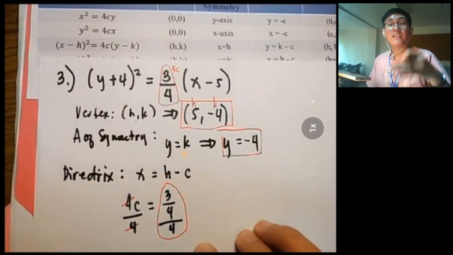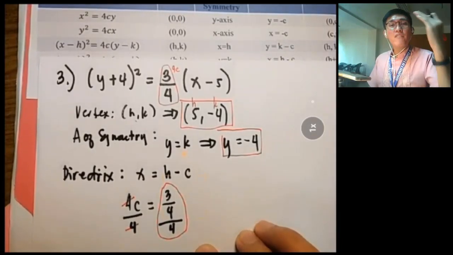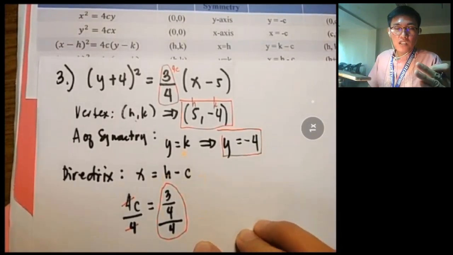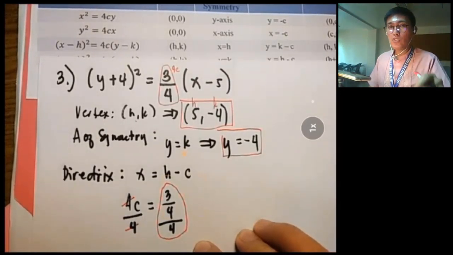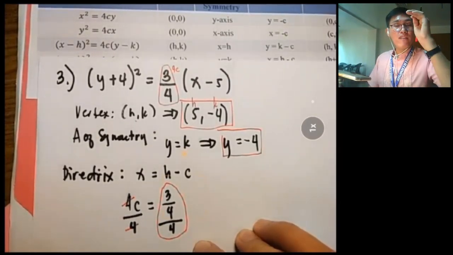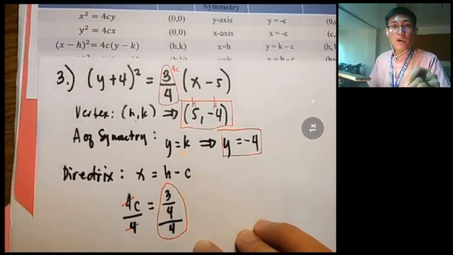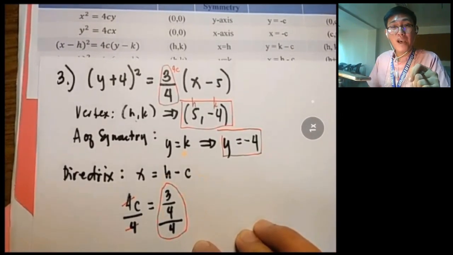It's just like division of fractions. Let us just review. In the division of fractions, if we divide the numerator by the denominator, we proceed by multiplying by the reciprocal of the denominator, and that would be the answer.